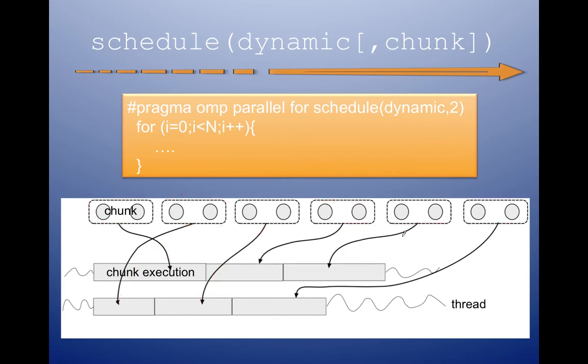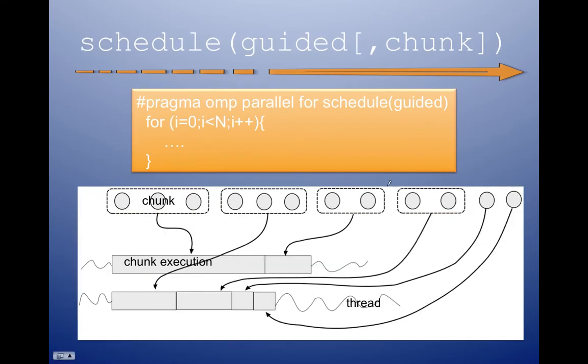If you want something different from this point of view, you have to go to guided. In the case of guided, you start with some size for the chunk. In here I put 3. You dynamically allocate them on the threads, and when you're done, you start to decrease the size of the chunk. And in the end, you have only one iteration on that example to execute.